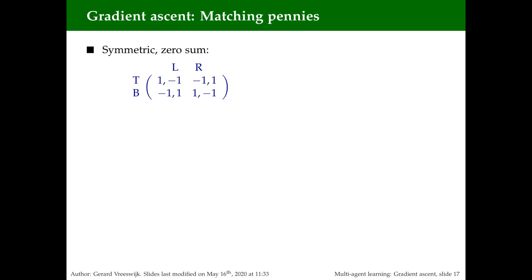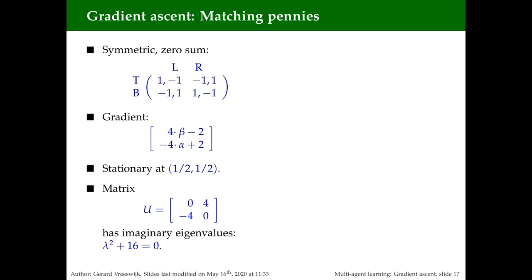Matching pennies, which is a particularly interesting example because the first player wants to coordinate and the second player wants to anti-coordinate. We have a stationary point a half, but this matrix has imaginary eigenvalues because here negative lambda times minus lambda is lambda square, minus 4 times 4 is minus 16, so this is lambda square plus 16, so it's imaginary eigenvalues.